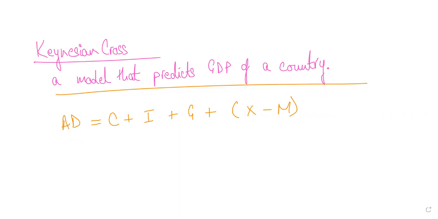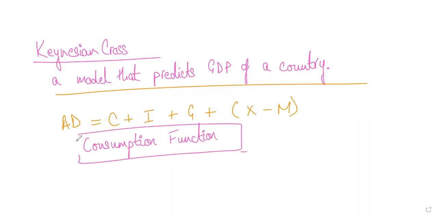So then if you remember, we talked about the consumption function. Now, what exactly is the consumption function? Let's recap. It is a mathematical equation that explains or identifies factors on which an individual's consumption depends.